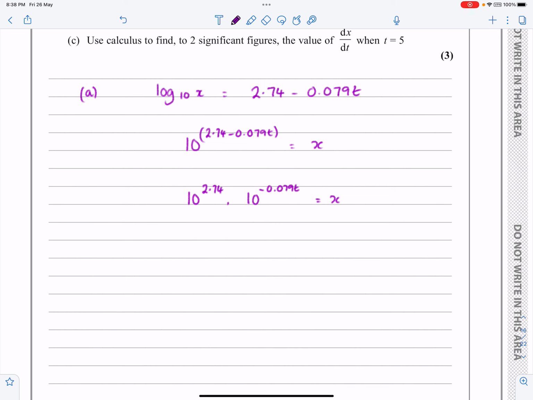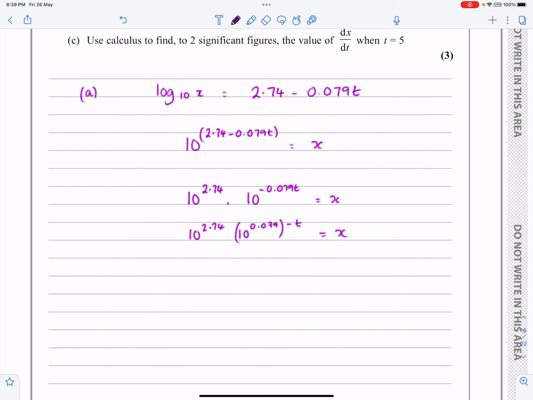And then again, we can say that's 10 to the 2.74 times 10 to the 0.079, all to the minus t there now. So we're just using our laws of indices to be able to work that out.